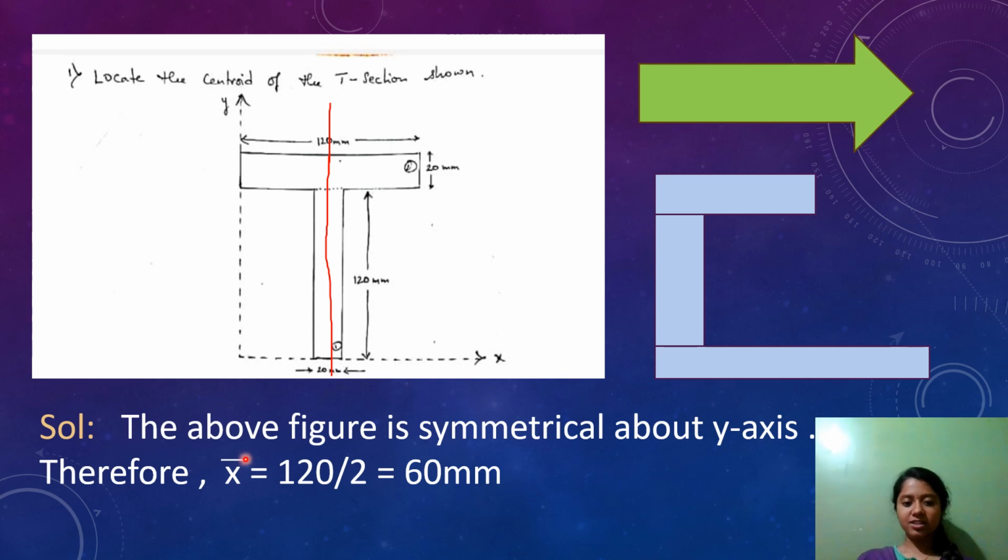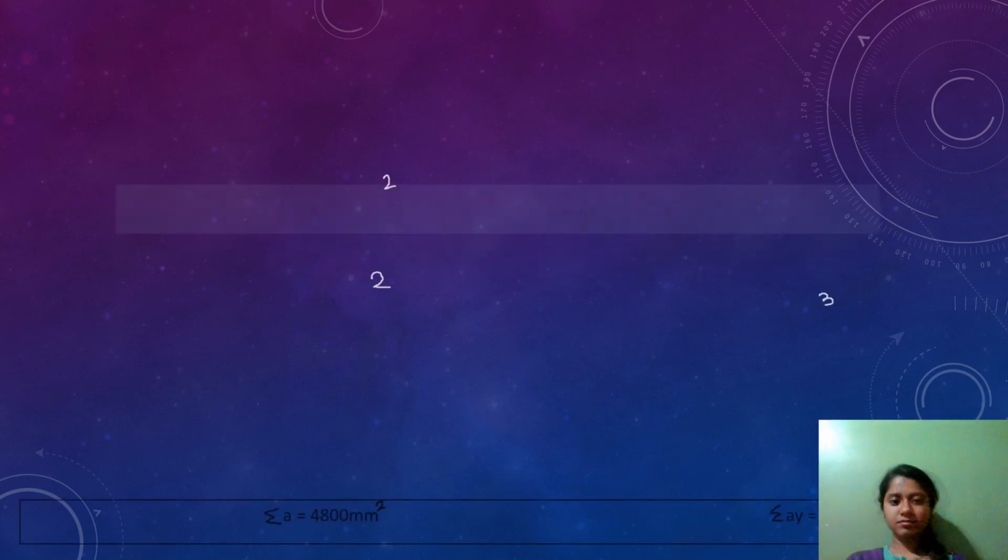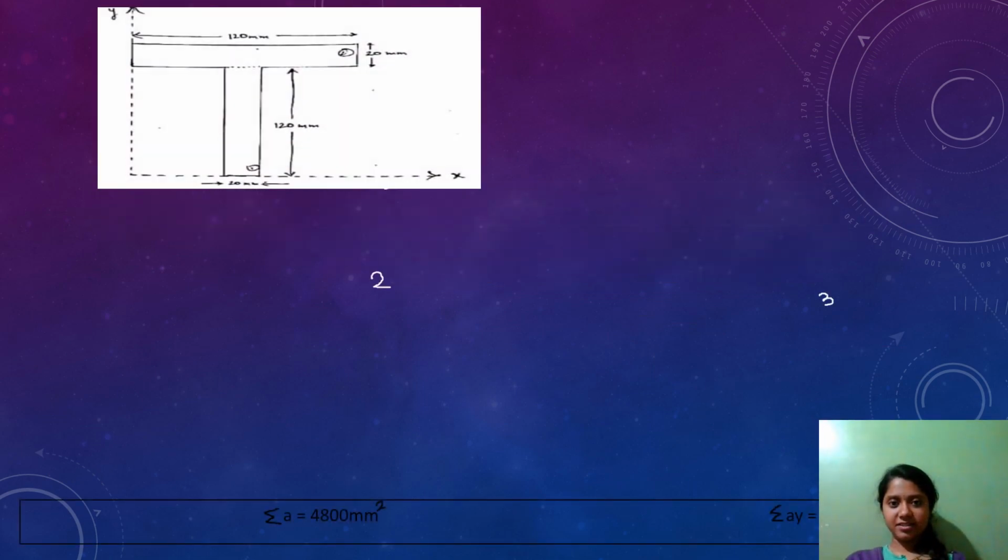That is, distance of centroid from y-axis is equal to 120, the total width, divided by 2. It is 60 mm. As I said earlier, by cutting this particular T section along y-axis, we get a symmetric figure.